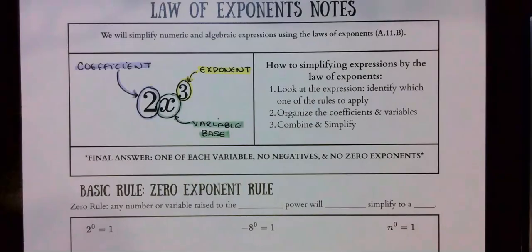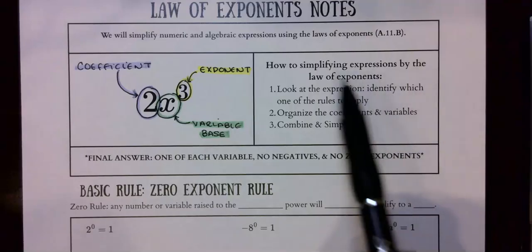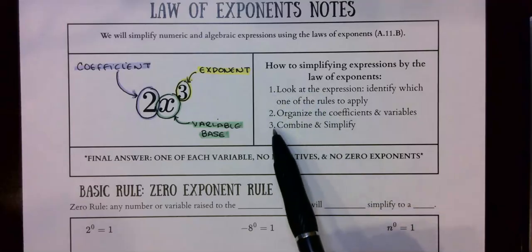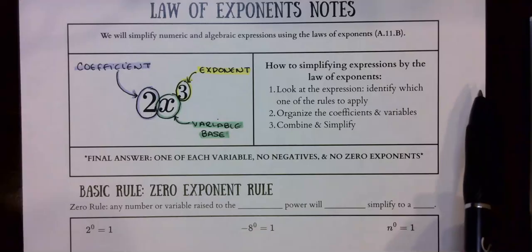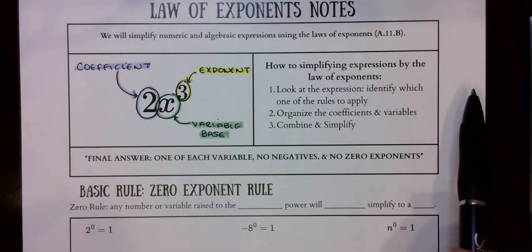All right, so one of the things that I have written over here to the side is the steps that we're actually going to follow to help us until we get comfortable working these problems out ourselves. So this one tells you step by step how we're going to simplify an expression by using the laws of exponents. Now, keep in mind that we have 5 different laws of exponents, 5 different rules. 2 of them are basic, and then 3 of them are going to be our main rules.